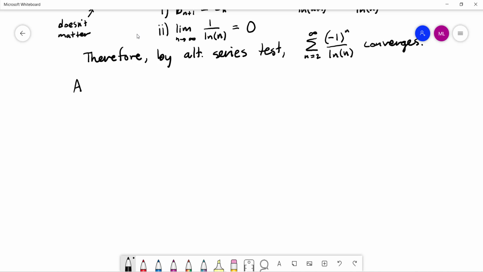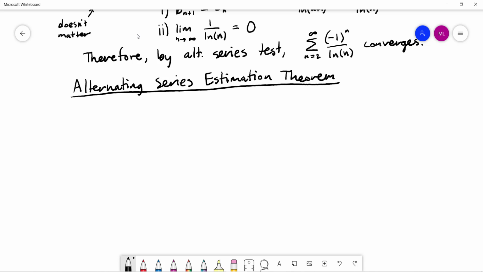So this is the alternating series estimation theorem. Okay, so let me just write the theorem out, then we can explain and think about what it's telling us, and then maybe we can try to apply it to an actual example.